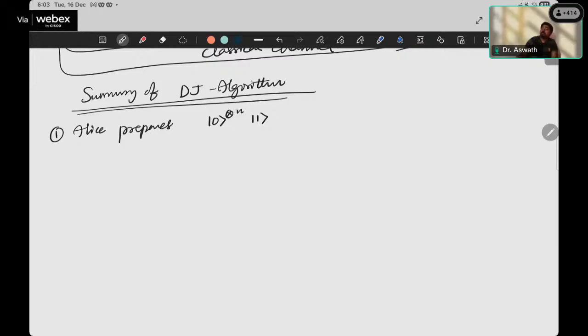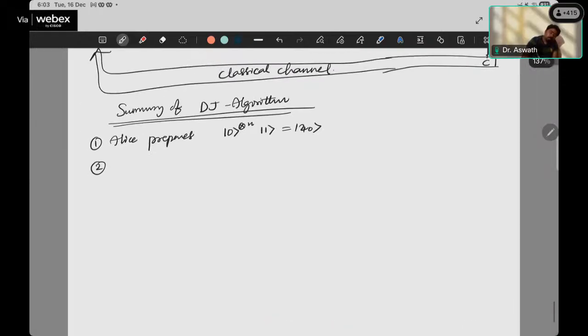This is psi naught. Then she operates n Hadamards on the query part and 1 Hadamard on the ancilla part on psi naught to get psi 1.